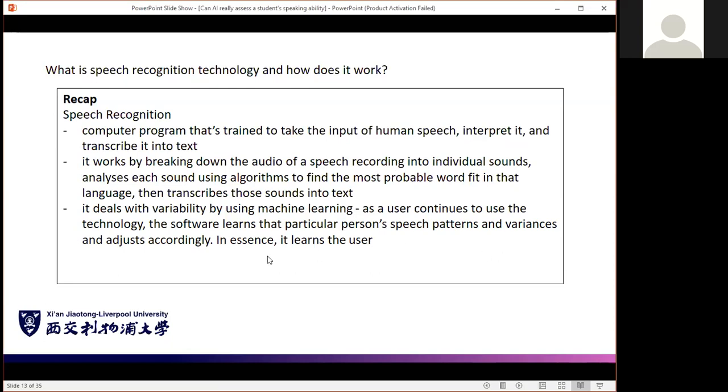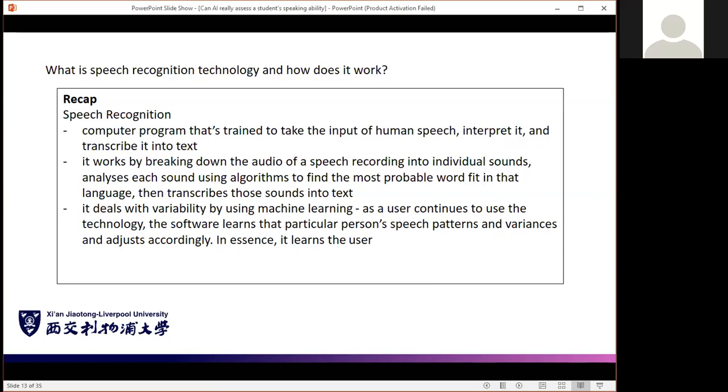Then it transcribes these sounds into text. It deals with variability by using machine learning. The variability is that different people have different styles of language, and different genres will produce different structures and features of language. So all of this variability means that the program has to learn.